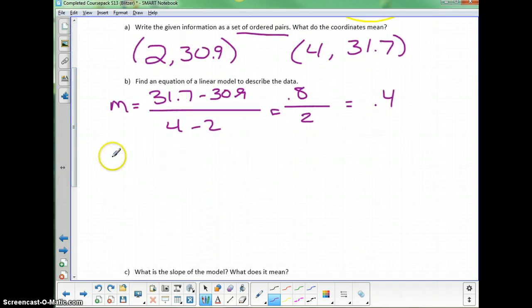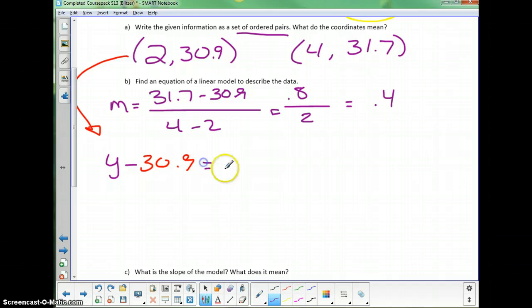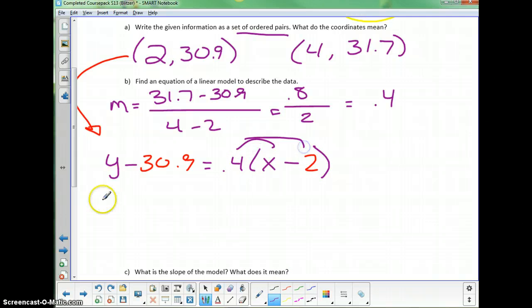Okay. To write the equation, I'm going to start with y minus, pick any ordered pair I want. Let me just go ahead and pick the first one. So I got y minus 30.9 equals 0.4 times x minus 2. And we'll simplify by distributing. y minus 30.9 equals 0.4x minus 0.8.